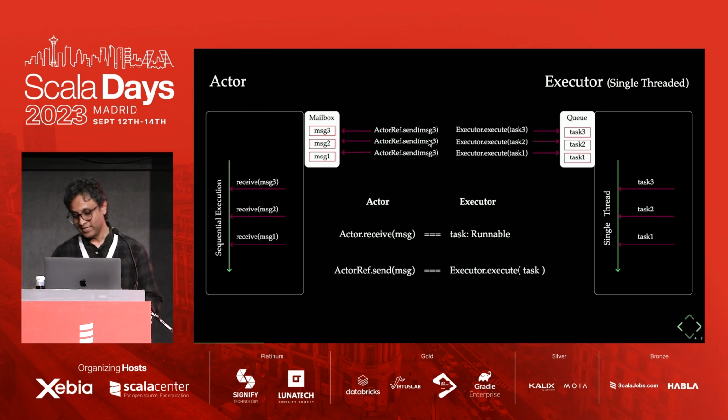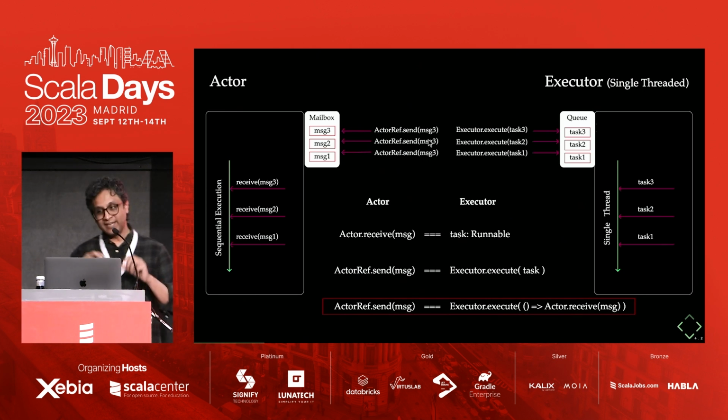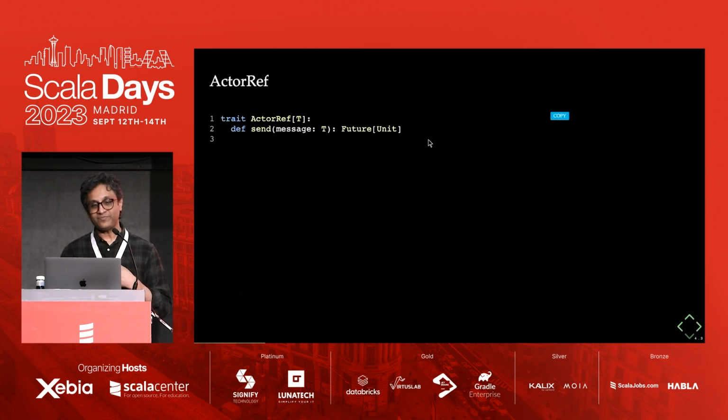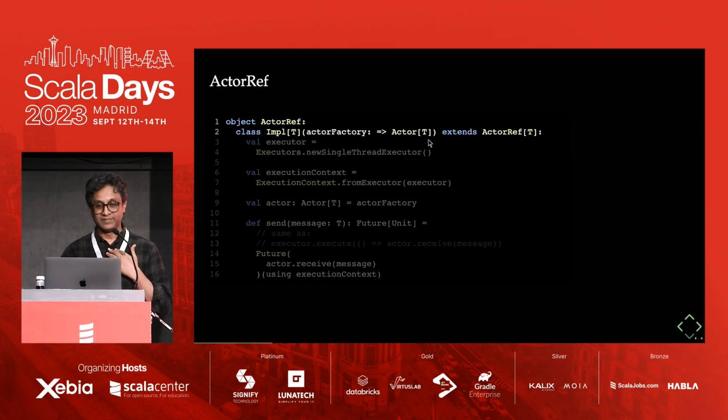And if you stretch your logic, then you can implement ActorRef.send as executor.execute with a lambda which actually applies a message to the receive. So that's a very simple intuition, but I think once you do the comparison, it is obvious. So using this, we will implement the ActorRef, and it looks like this.